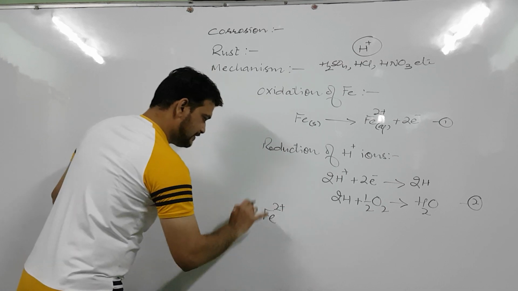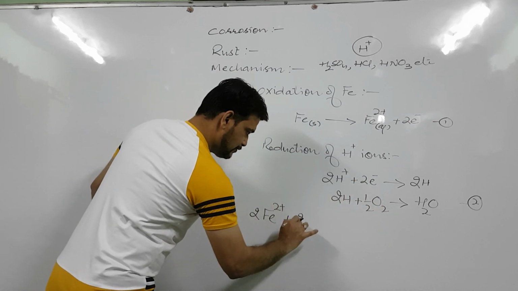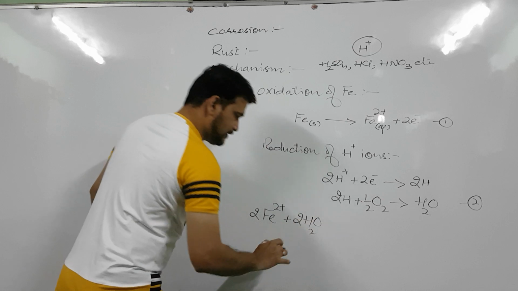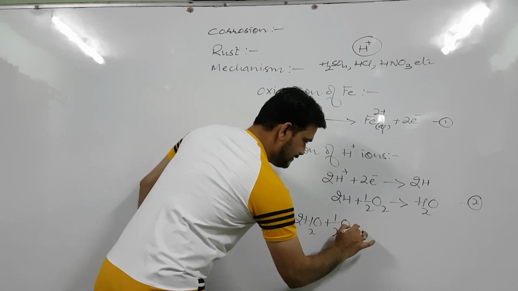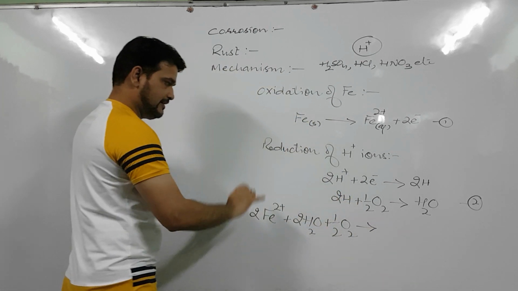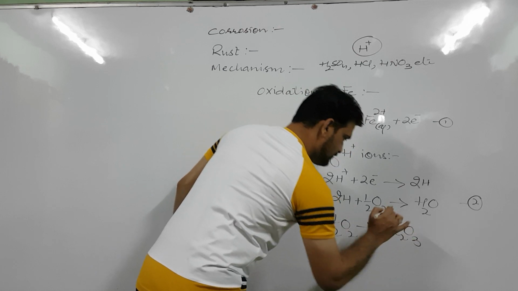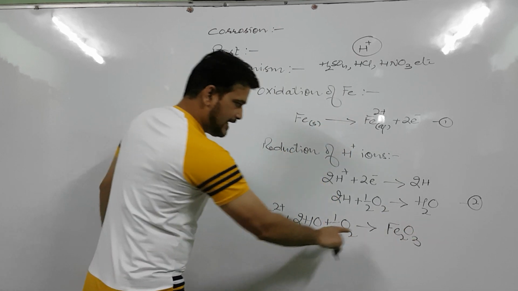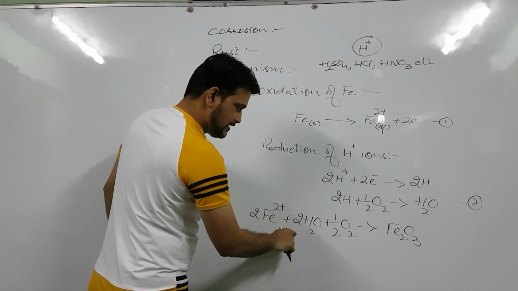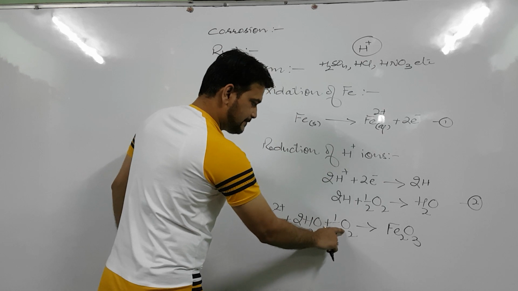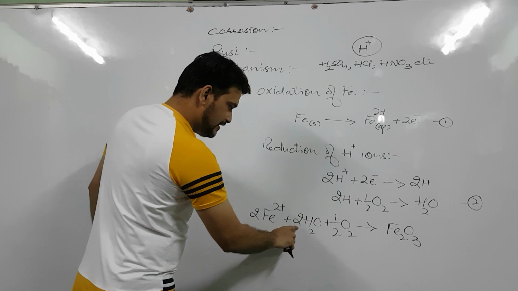2 moles of Fe2+, 2 moles of water and half mole of oxygen will combine and there will be Fe2O3: 2 iron, 2 oxygen from water and 1 oxygen from this, so we get 3 oxygen. And what is the remaining?